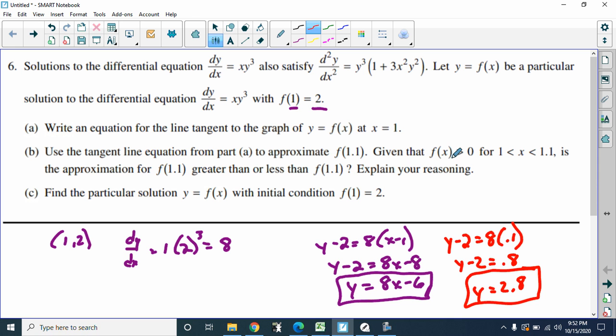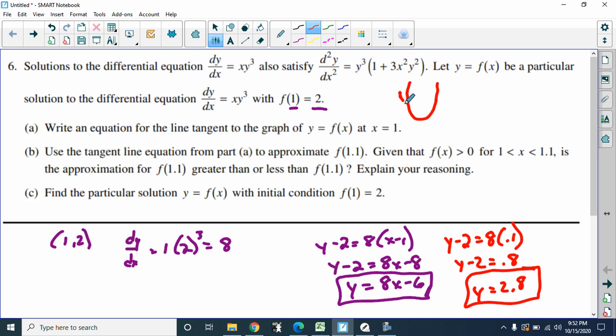Given that f of x is greater than 0 for x between 1 and 1.1, is the approximation greater than or less than f of 1.1? To tell if a tangent line is above or below a curve, you want to check its concavity.